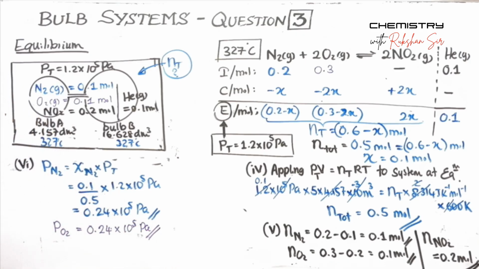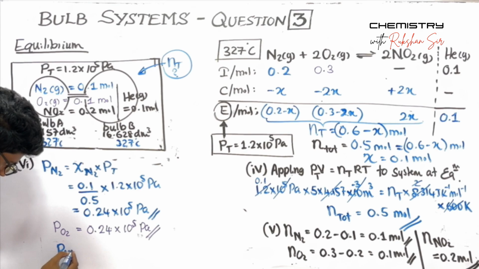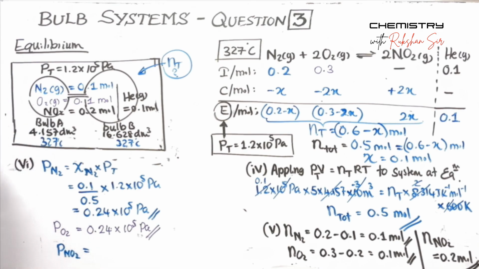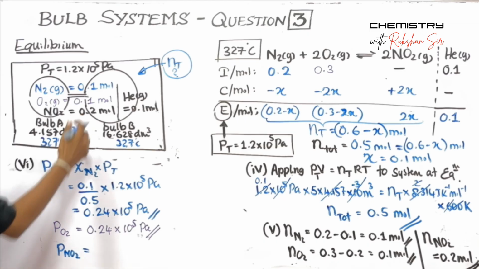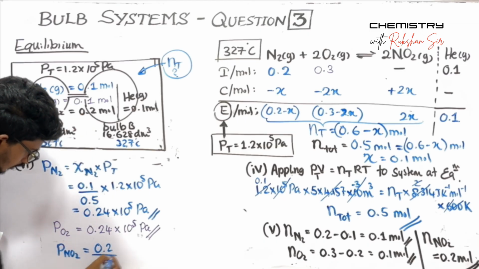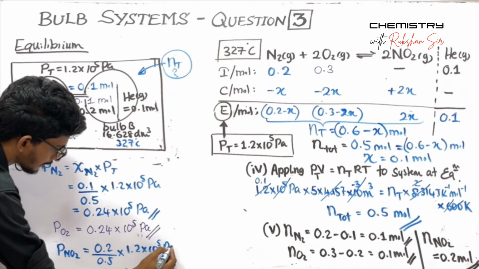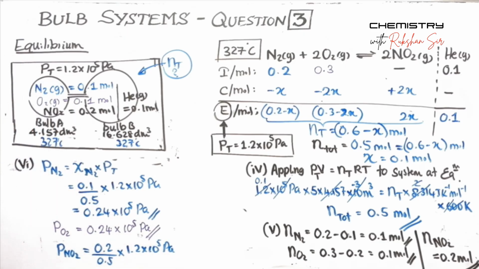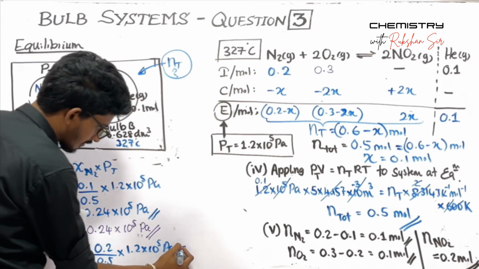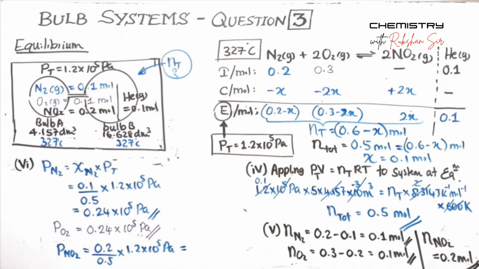Now for the partial pressure of NO2. Again, the mole fraction is going to be, its number of moles is 0.2, total number of moles is 0.5, into P total, 1.2 into 10 to the power 5 pascals. So that value will be equal to twice of this value.